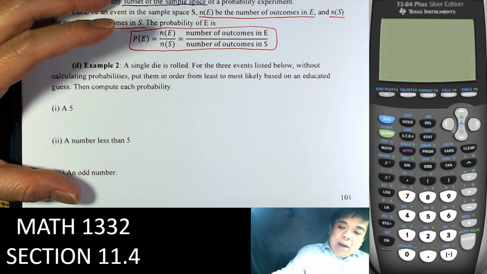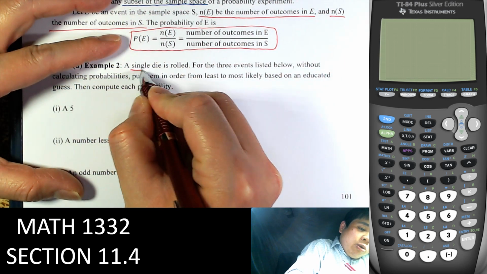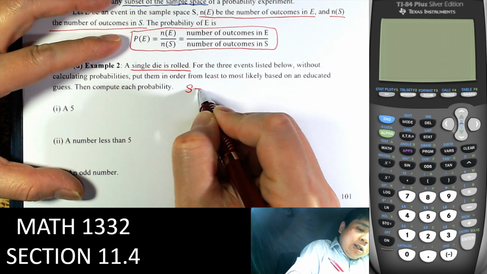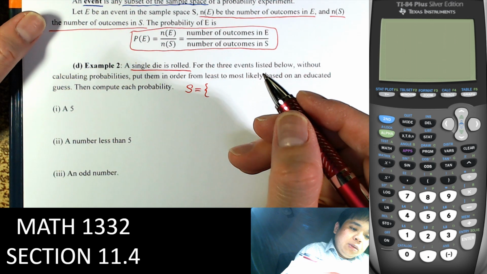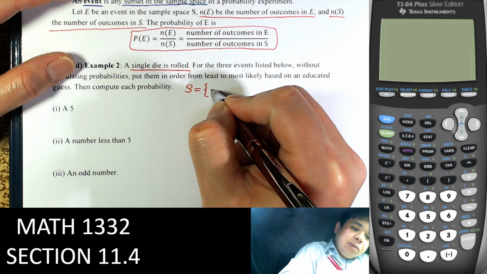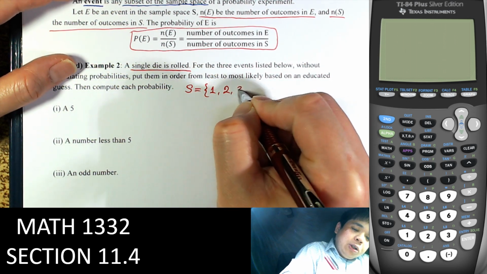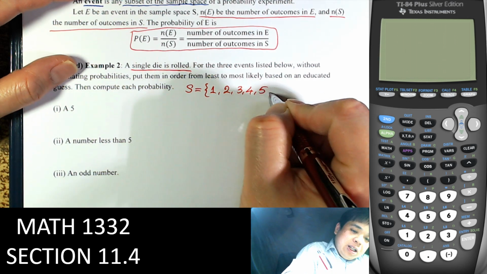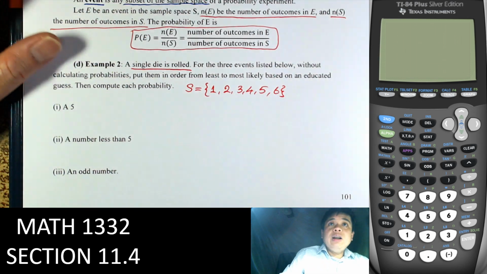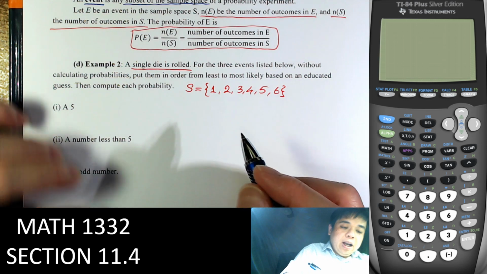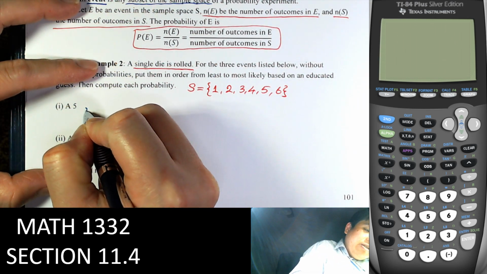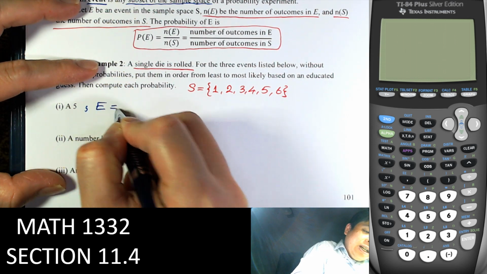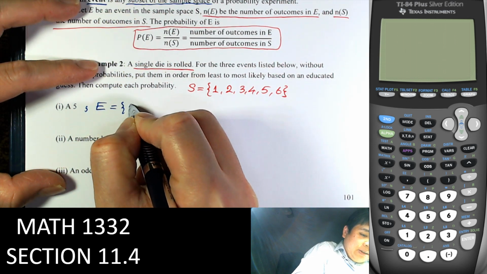First, we have a single die rolled. So we're going to list the outcomes for a single die: 1, 2, 3, 4, 5, and 6. Now, getting a 5. We let E be the event of getting exactly a 5.